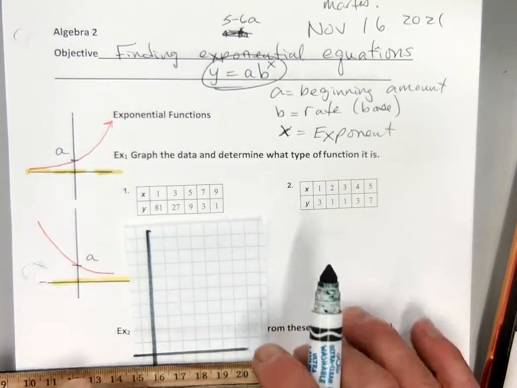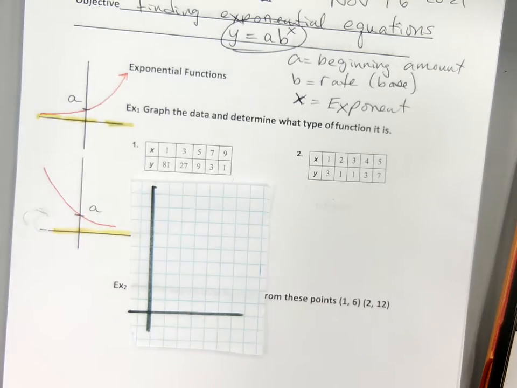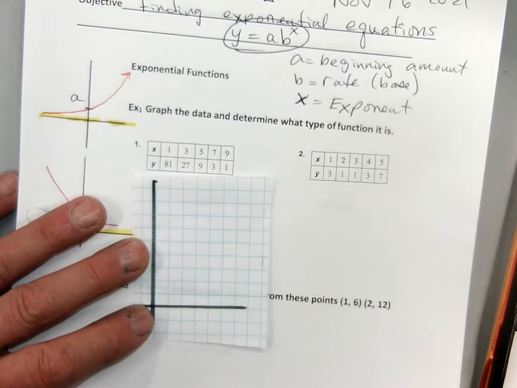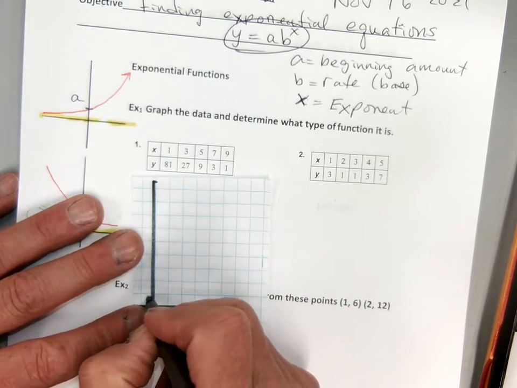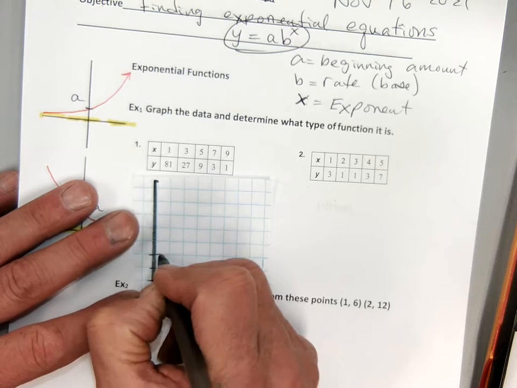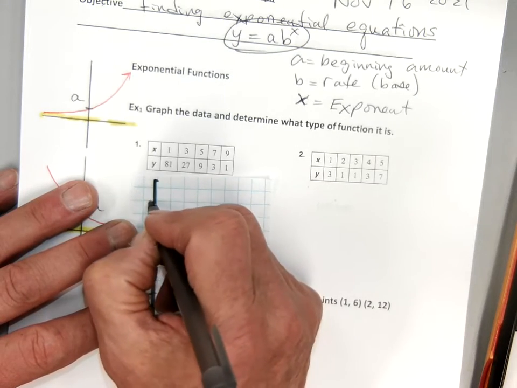I'll shift the overhead up so you can see my graph. I've gone all the way up to 81, so I'm going to go probably by 10s on my y-axis. 10, 20, 30, 40, 50, 60, 70, 80.